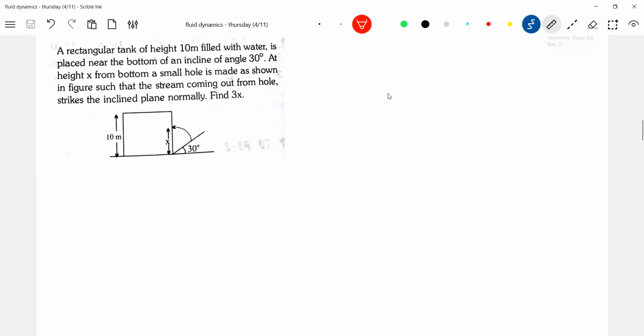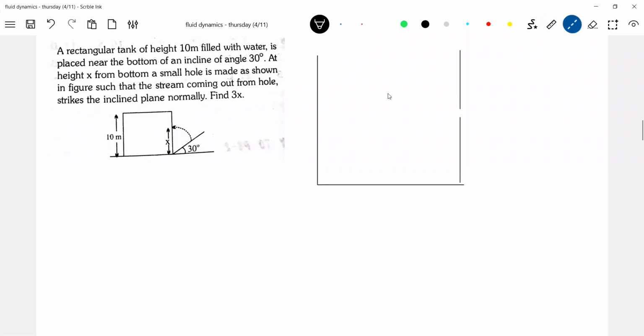Go back to inclined projectile and the jet will come out here. I'll draw the related diagram. Here everything is filled up with liquid, I'll shade it later on.